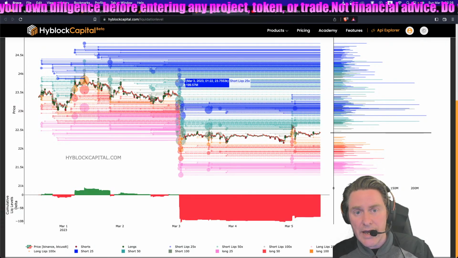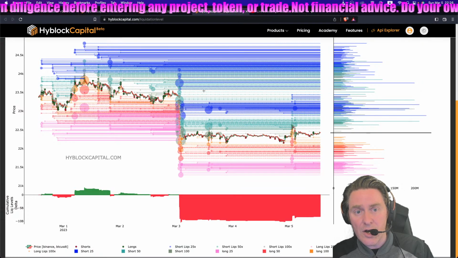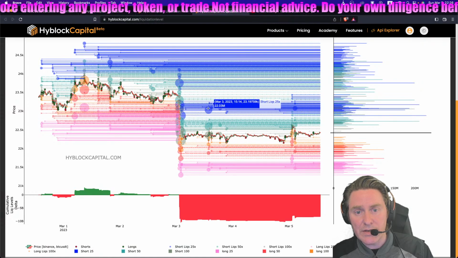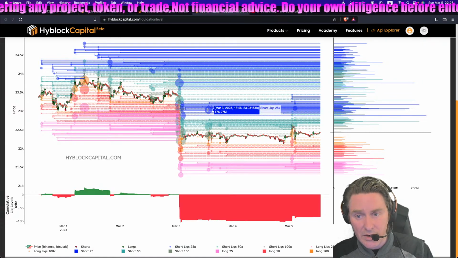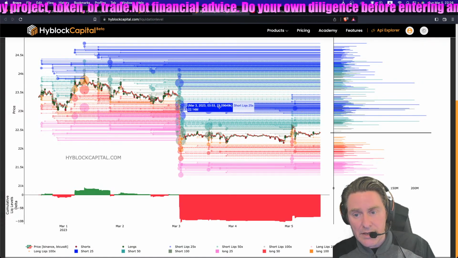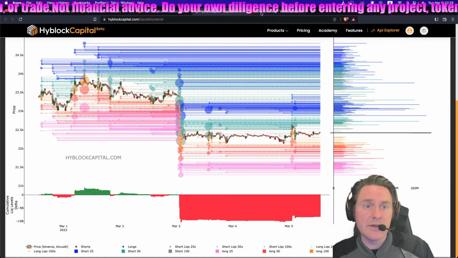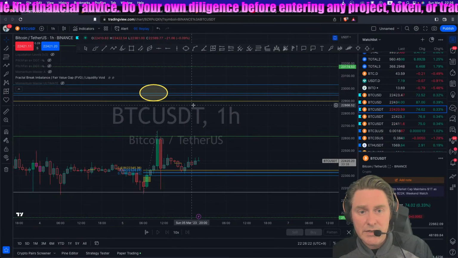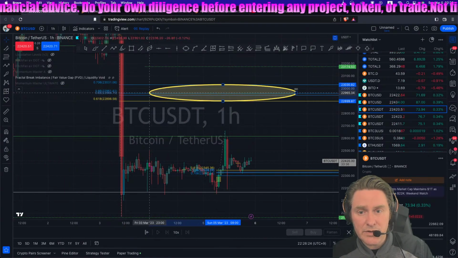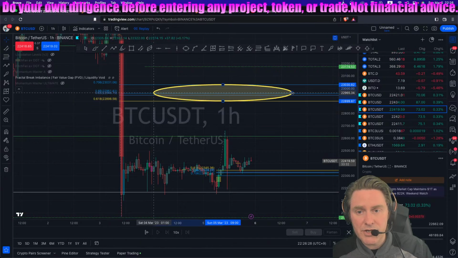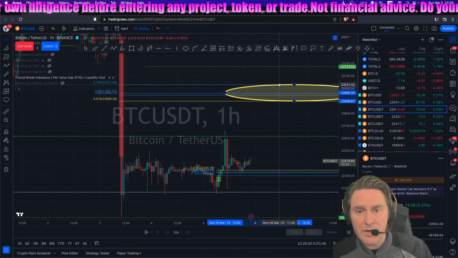And whether they have the gall and the liquidity trap to go beyond that point, we'll cross that bridge when we get there. But in the short term, it looks like they might go up to this region at the very least, which is why we hold true to that idea and haven't moved this circle at all, other than to adjust it where we think it might go up.